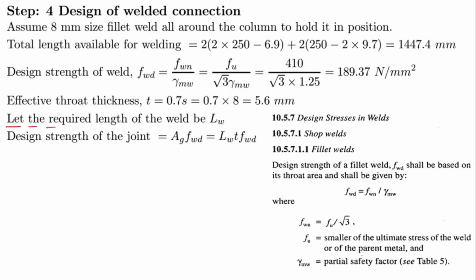Let the required length of the weld be Lw. Therefore the design strength of the joint is the gross area of the weld, Aw, times fwd, where fwd is the design strength of the weld. Again, the gross area of the weld is equal to length of the weld into effective throat thickness t. So the design strength of the joint will be Lw t fwd.